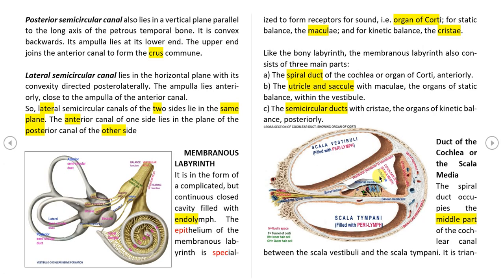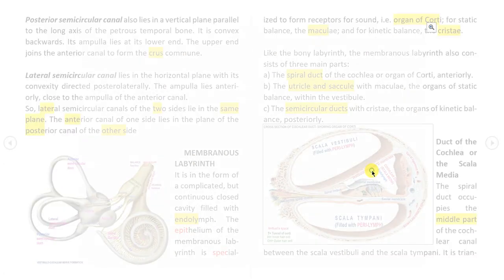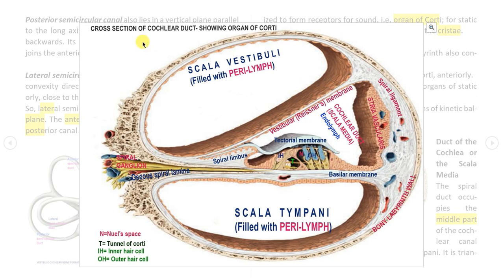So now we will try to understand the organ of Corti. This is a cross section of the cochlear duct. The central portion, this one, represents the cochlear duct. Outside, this bone represents the bony labyrinth wall, and there is a little space between the bony labyrinth wall and this cochlear duct.